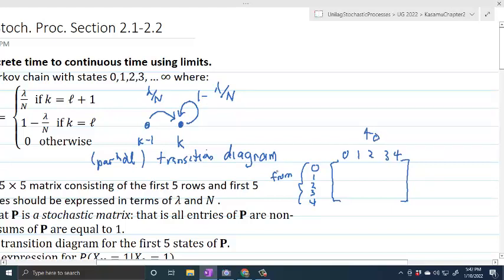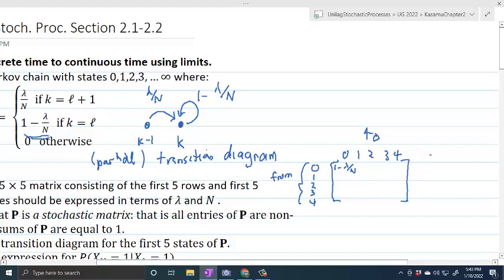All right? So, for instance, to go from state 0 to state 0, according to the specification on this side here, that will be 1 minus lambda over n. Okay? You should be able to complete this matrix.